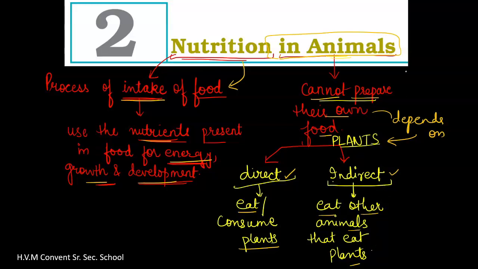So basically all the animals are dependent on plants for their food. So this is the meaning of nutrition in animals, that is how the animals utilize the nutrients present in the food and what is their mode of taking these nutrients. So let us start with the chapter.